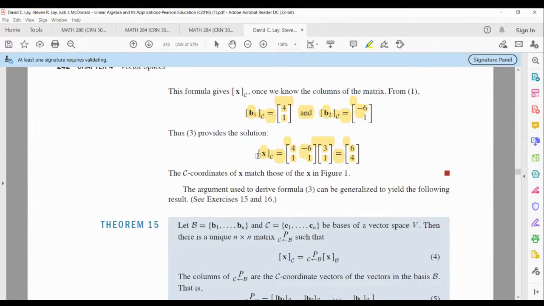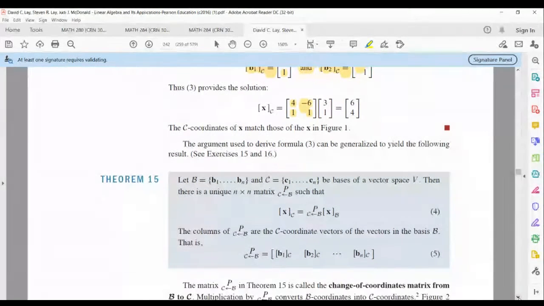And so you can write the coordinate vector of x with respect to C by simply constructing this matrix here, whose column vectors are the coordinate vectors above. This demonstrates a theorem.